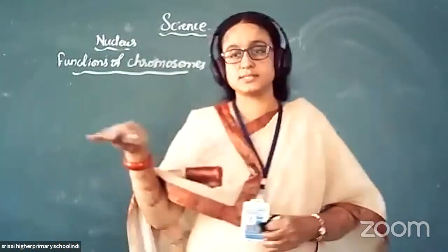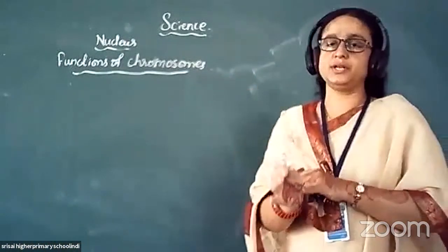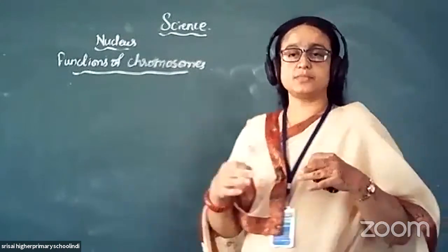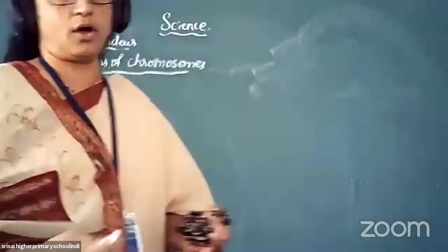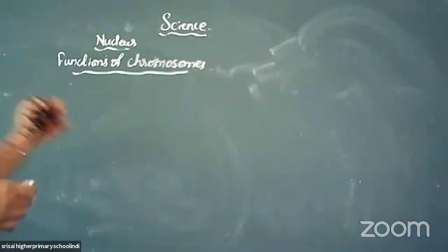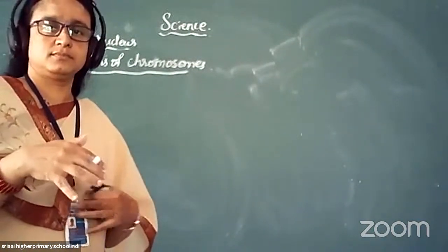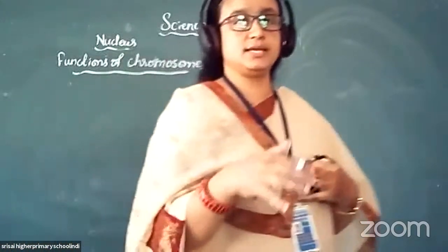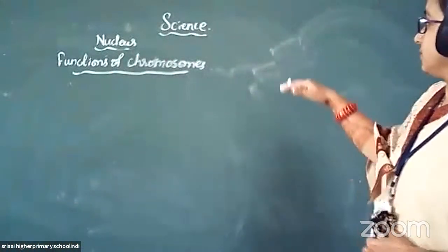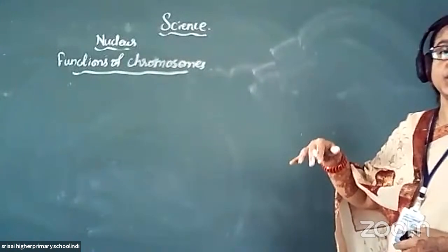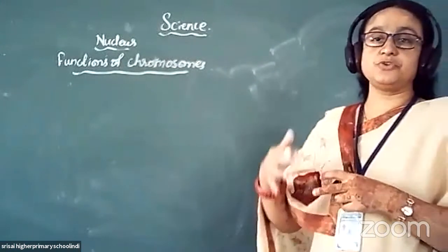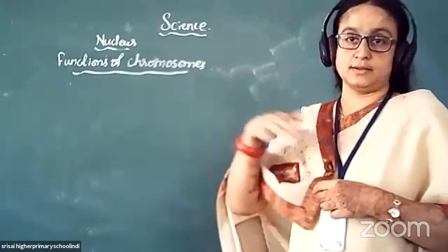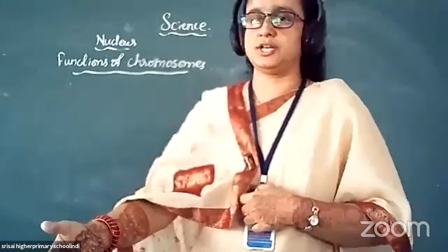And further, when we talk about these chromosomes, they contain information. What kind of information is there? The chromosomes contain the information which will inherit the features of the parents to the next generation.